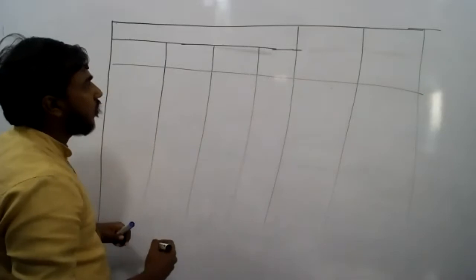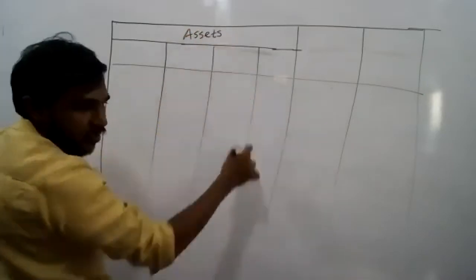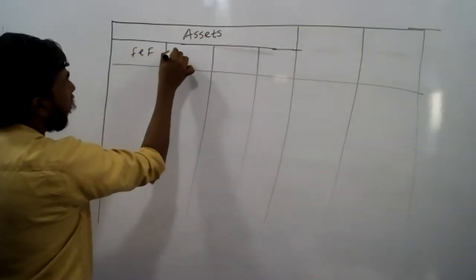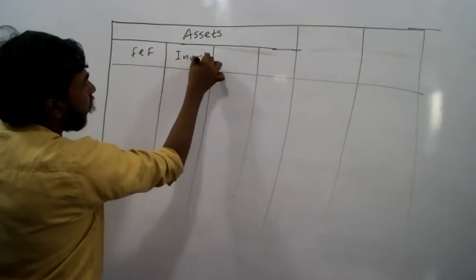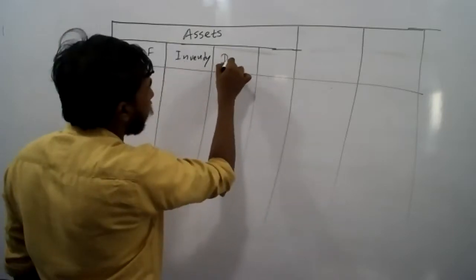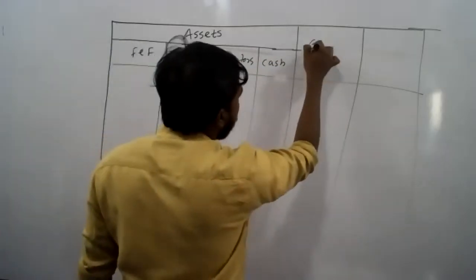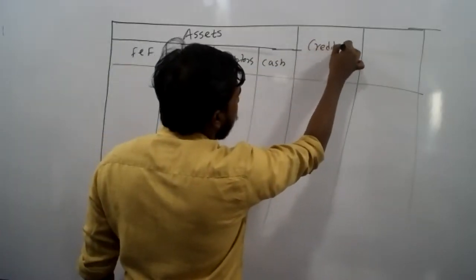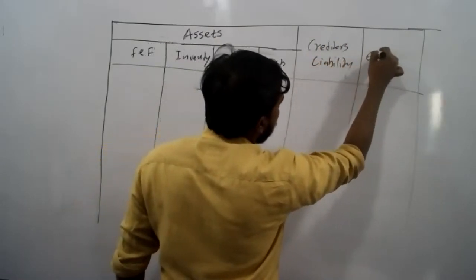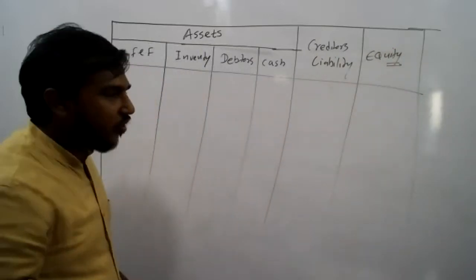So this is the format. Assets. What are the assets? Furniture and fittings, inventory, debtors, cash. Then the creditors, liability. And this is it. So that's how it comes.